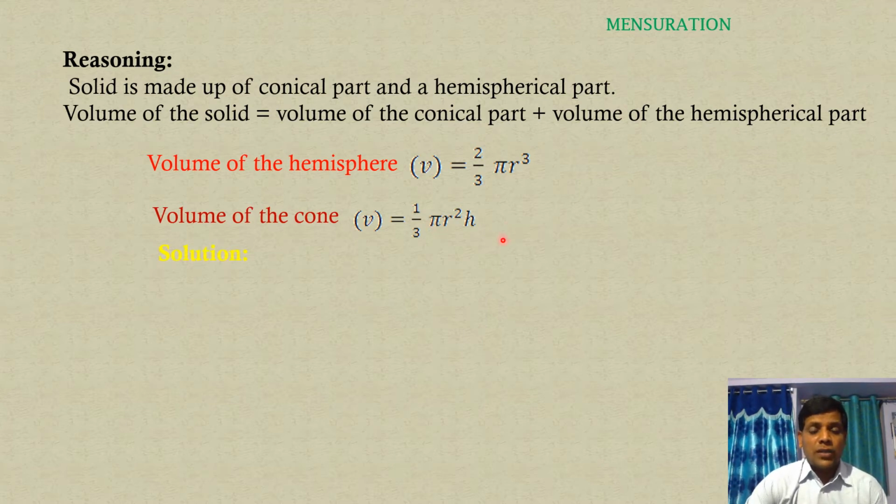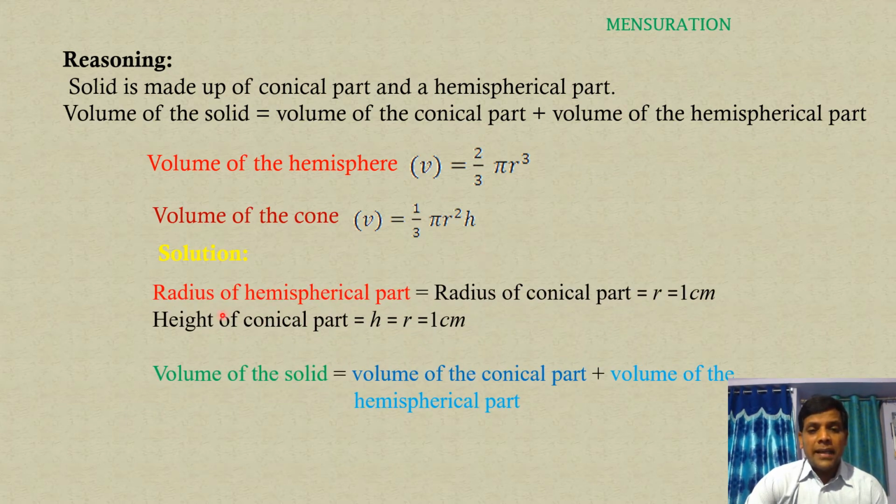Next, solution. Radius of the hemispherical part: the radius of the hemisphere and the radius of the cone are both equal.